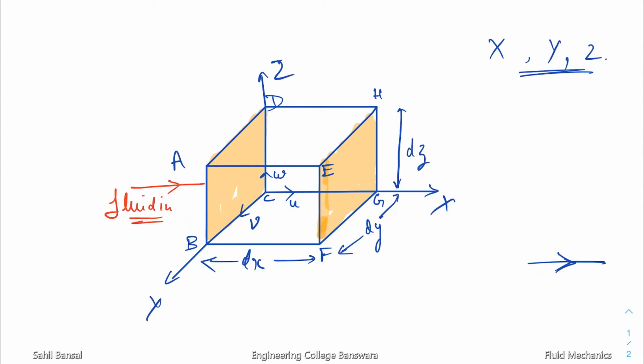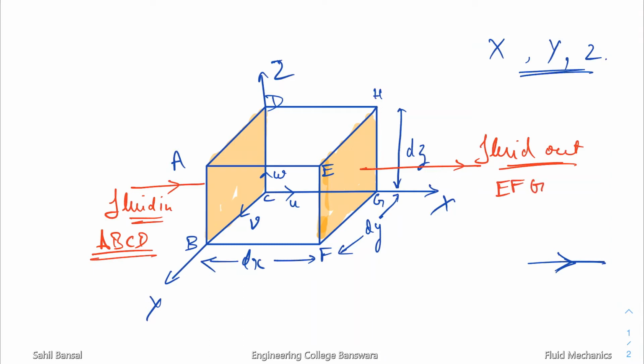What is this face? A, B, C, D. The fluid that is flowing in the x direction enters from the face ABCD, and it leaves our element from the face EFGH.